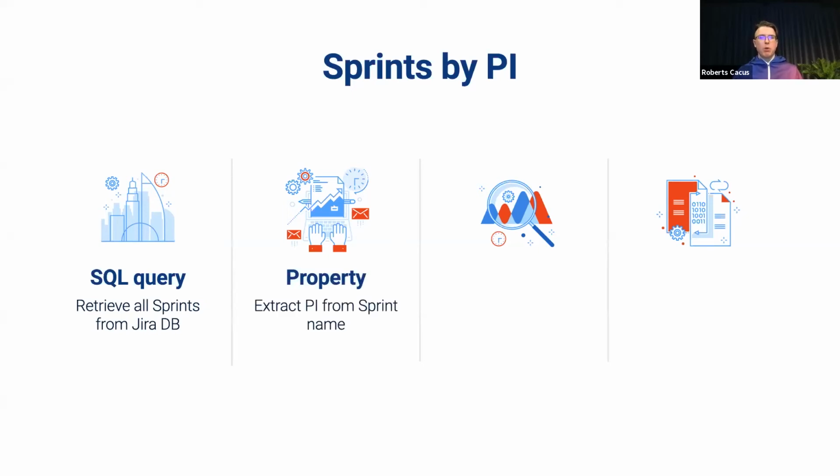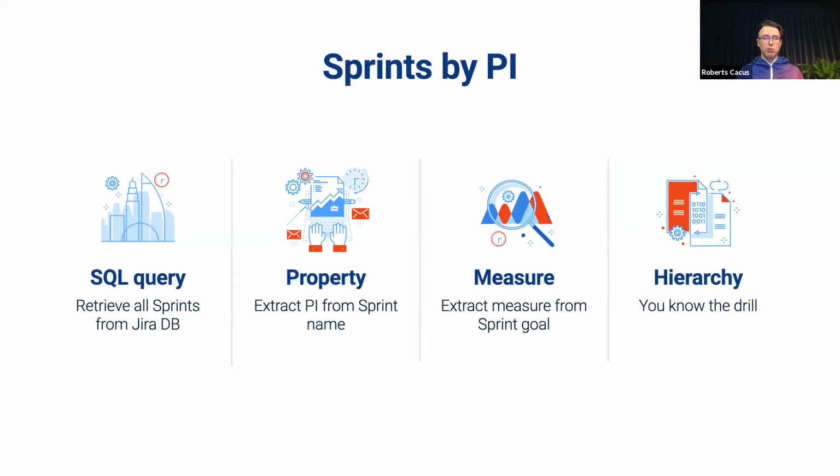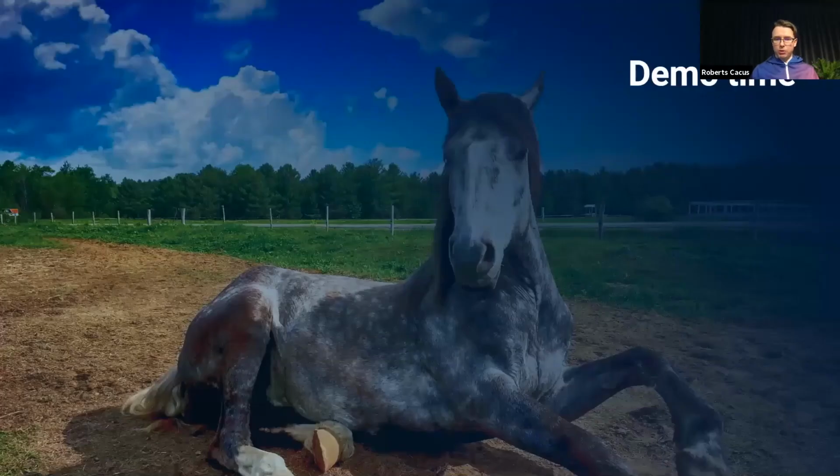And extract the program increment name from the sprint name as a property. Additionally, we'll extract a numerical value from the sprint goal and import it as a measure. And you know the rest. So we will not horse around and let's get to it.